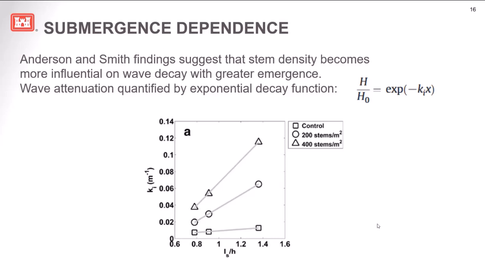The circles are 200 stems per meter squared, and the triangles are 400 stems per meter squared. As expected, the highest population density at 400 stems per meter squared has the highest wave attenuation. And as vegetation becomes more emergent, we can see a greater spread between those cases according to population density.